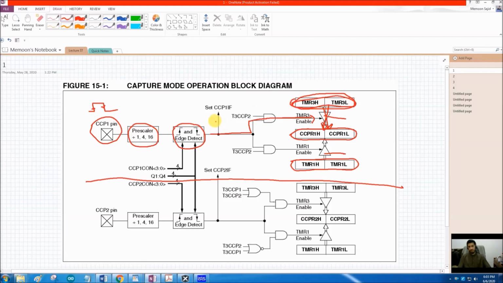How? For example, let's assume I configured this module to capture the value of timer 3. This is capture mode. To capture the value of timer 3 whenever a falling edge is there, and I connect this pin to an unknown waveform.